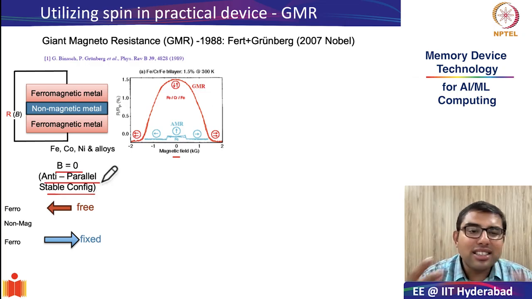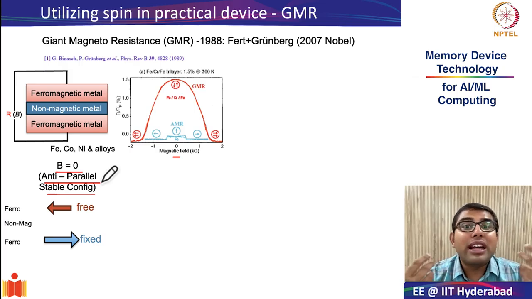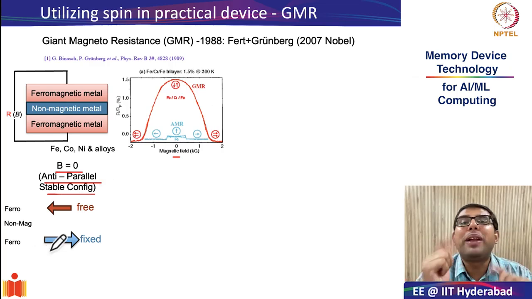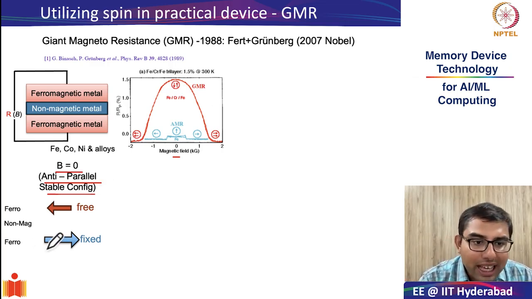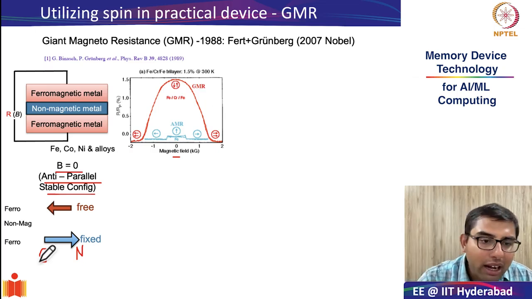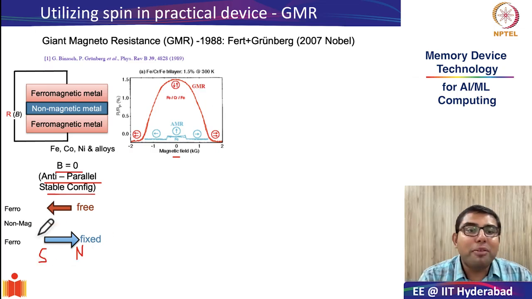So why is the stable configuration anti-parallel? Let us try to think from an example that you might have experienced in your childhood. In our childhood, we used to play with magnets. So let us assume we have a strong magnet whose this end is North Pole and this end is South Pole. Suppose you bring a weaker free moving magnet near this stronger magnet. What will be the most stable configuration?